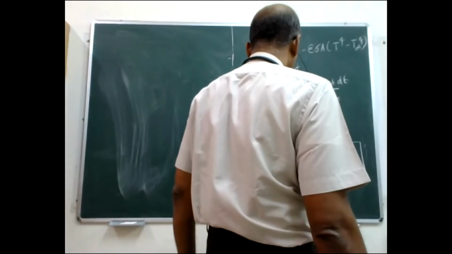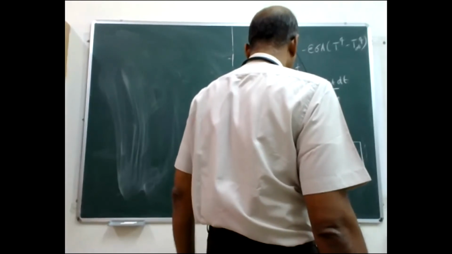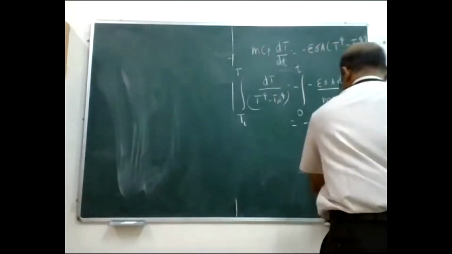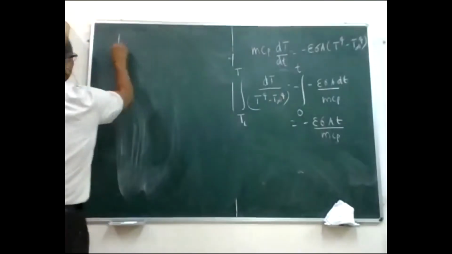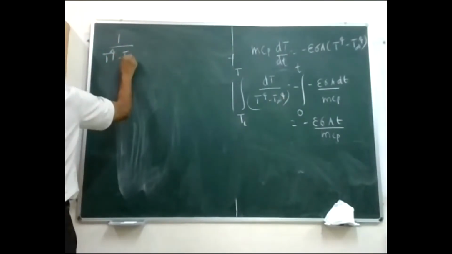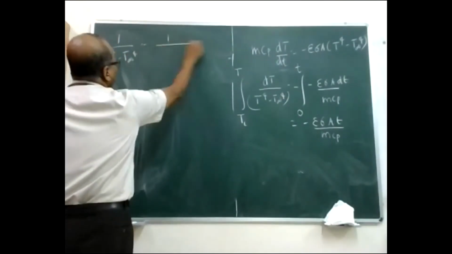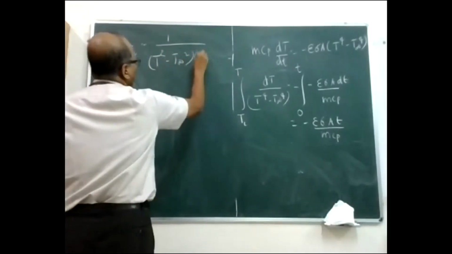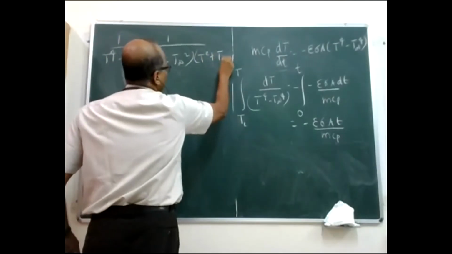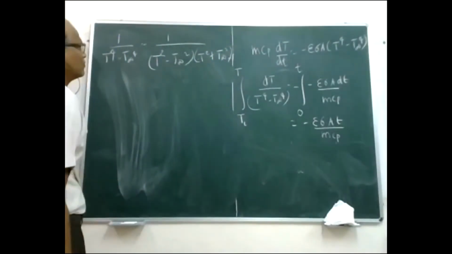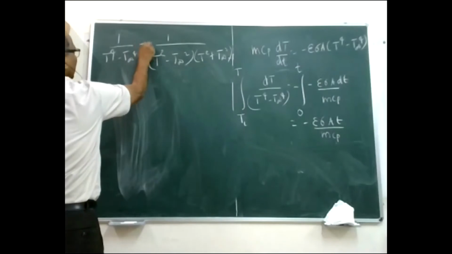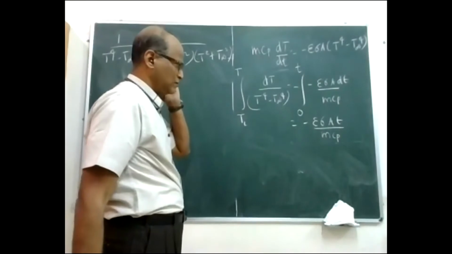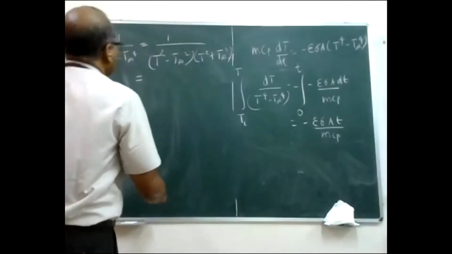The t infinity square is also 1 by... wait, 2t. Let us do it. Don't worry. Is this correct now? Is this correct? Yes, sir. Now method of partial fractions.